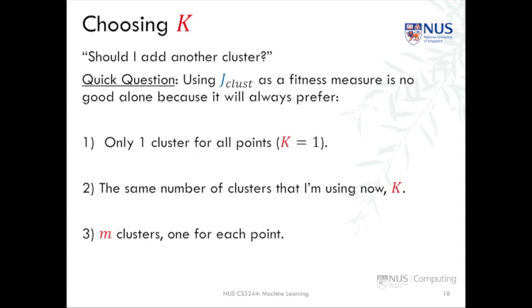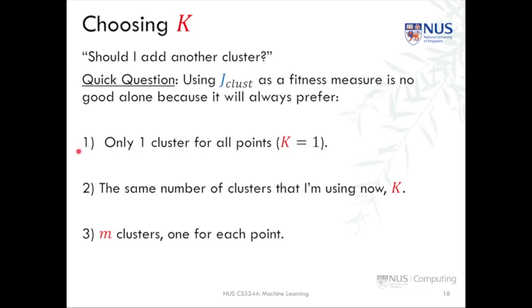A quick question to ask ourselves to see whether we really understand k-means is whether we think that using the cluster cost by itself, J-clus, as a fitness measure is good by itself. In fact, it's not. And what we'd like you to do is pick one of these 3 options to decide why it might not be a good measure. So let me read it out to you, and then afterwards, please pause this video and select before you go on. 1.